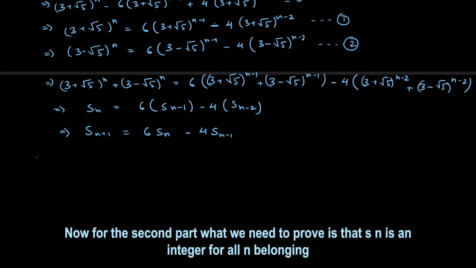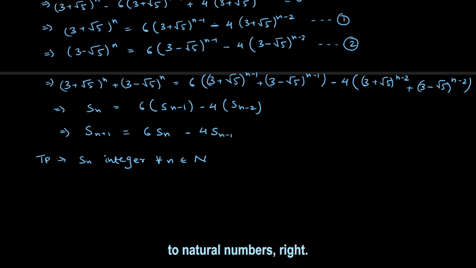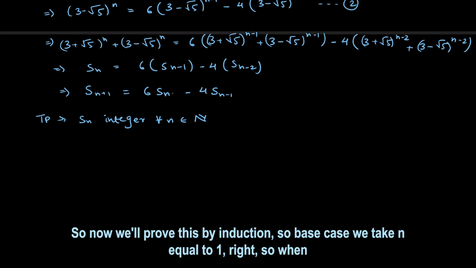Now for the second part, what we need to prove is that Sn is an integer for all n belonging to natural numbers. So now we'll prove this by induction.